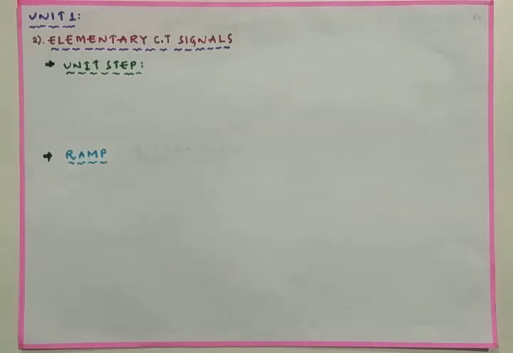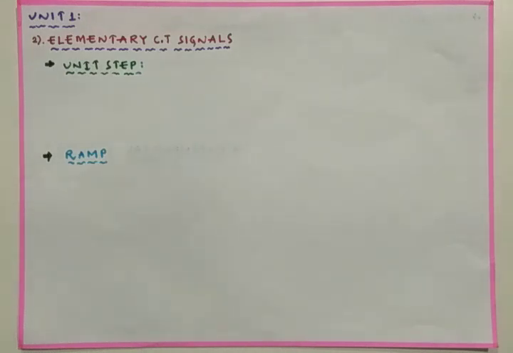Fourth one is exponential signal, in which again we will be having 2 types: one is real exponential signal, another one is complex exponential signal. And the last, fifth one, is sinusoidal signal. All these classifications I have given in the previous class.